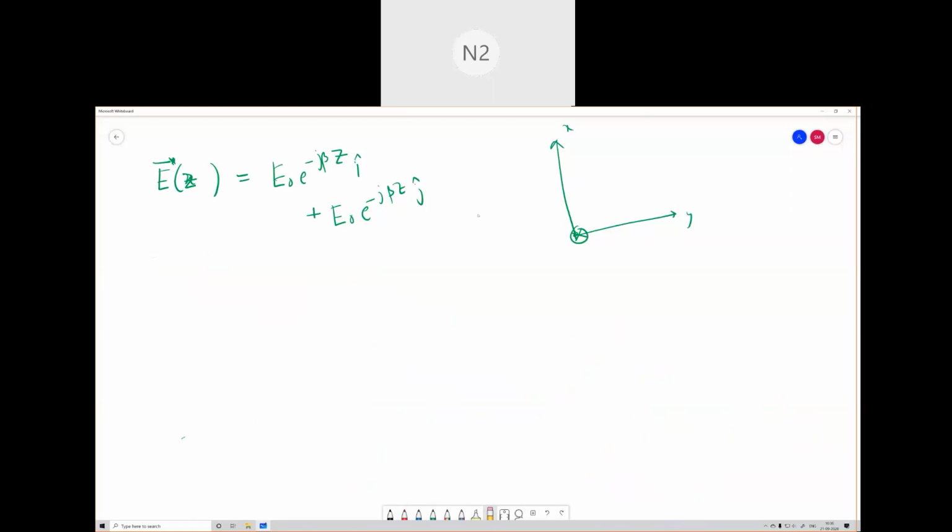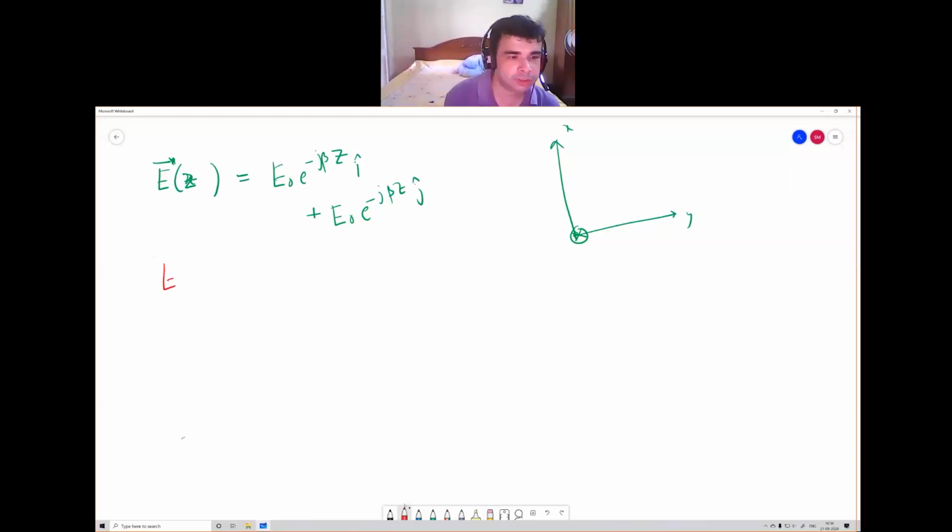We do the same thing. What is the vector E of z? That is simply the real part of the phasor of z times e to the power of j omega t.